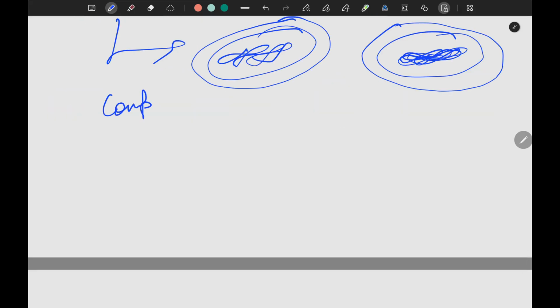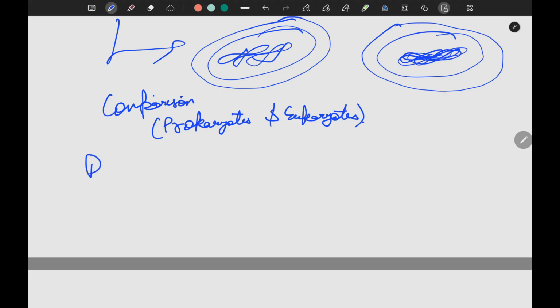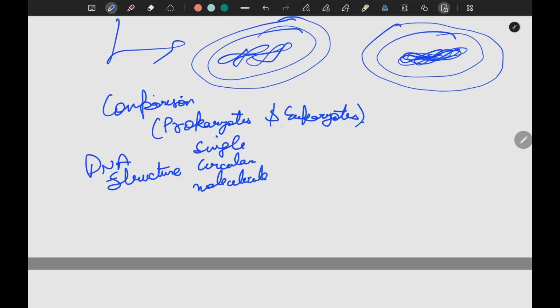Now, in comparison of prokaryotes and eukaryotes, there are some differences. DNA structure: for prokaryotes, a single circular molecule; in eukaryotes, multiple linear molecules.